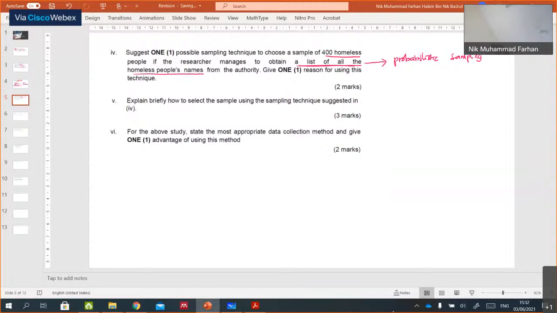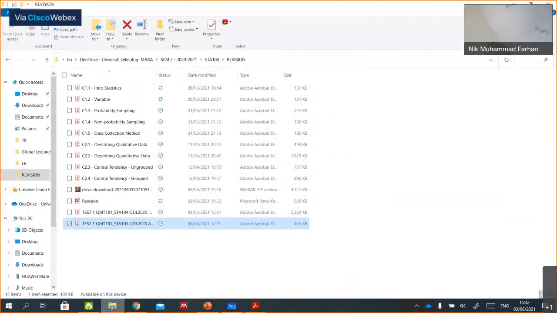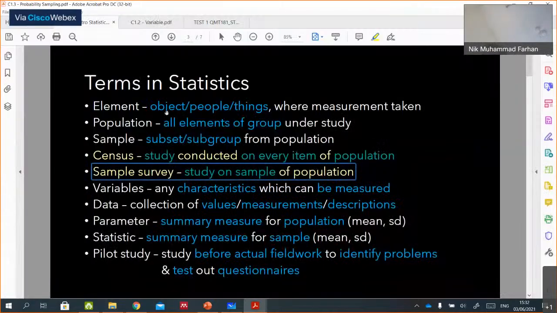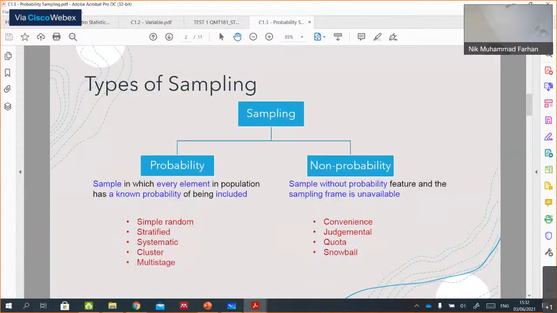There are five techniques under probability sampling. So when you talk about probability sampling, this is the definition of sampling itself. It is random sampling: simple random, stratified, systematic, cluster, and multi-stage.